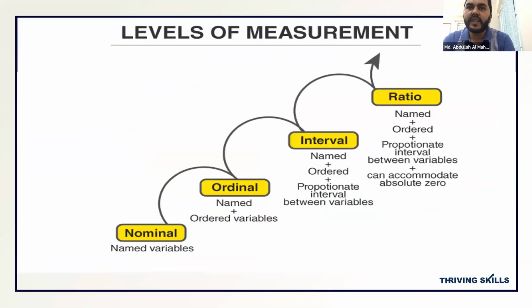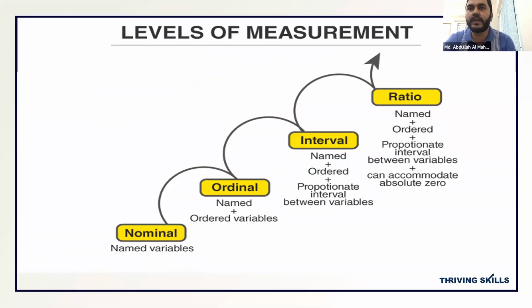Here you see, in case of nominal data, this is only a named variable. There is no order. But ordinal data is named and ordered variables. In interval data, you have named, ordered, and proportionate intervals between values. Like if we talk about students' grades, the marks are different.